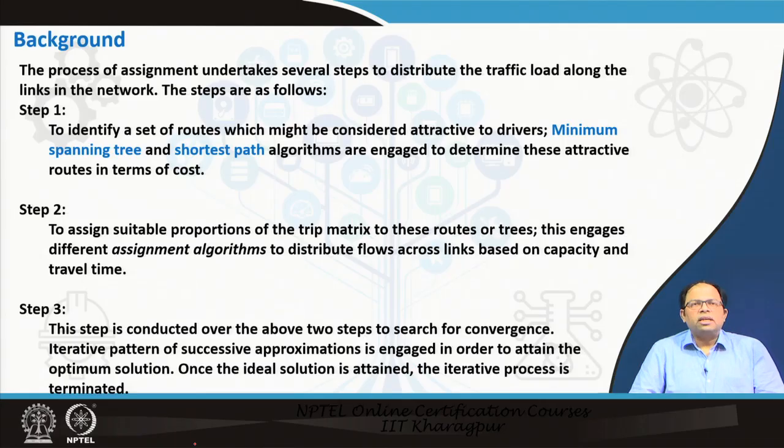So, the process of assignment undertakes several steps to distribute traffic load along the links in a network. Some of these steps we have already discussed. Step 1 is to identify a set of routes which might be considered attractive to the drivers, and for this we have learned about the minimum tree and the shortest path algorithms, which were used to determine the attractive routes in terms of cost or any other forms of impedance.